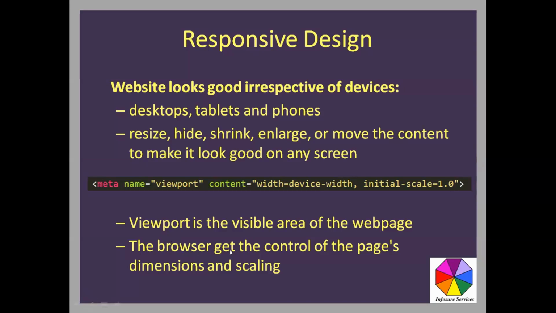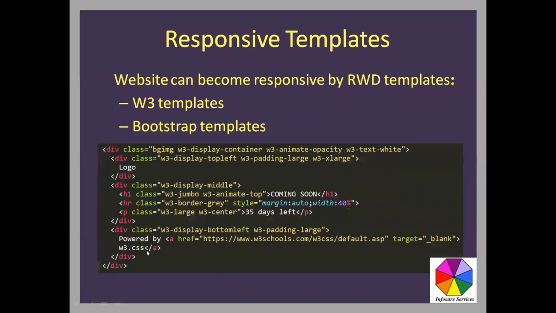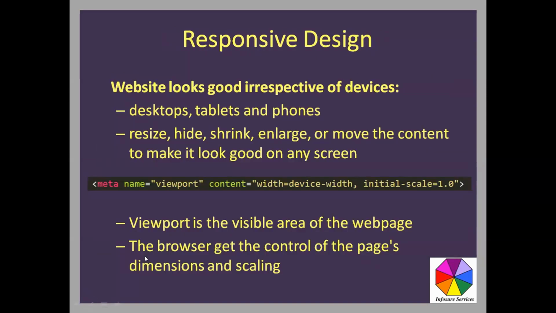The browser gets control of the page's dimensions and scaling. With this setup, by telling name viewport, content equal to width equal to device-width, the width readily adjusts to the width of that device, be it a mobile phone with a small width or a large screen.